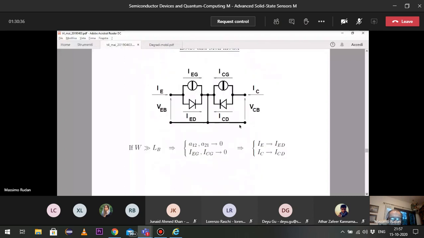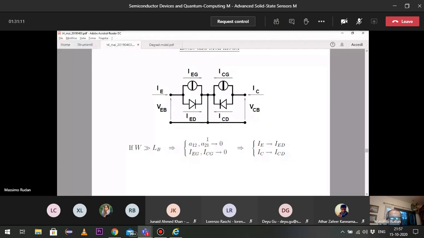Besides, at some point you may say, but we also have a base current. The base current is just the algebraic difference of the two. You remember, due to the Kirchhoff law, the sum of IE plus IC plus IB, if IB is taken as entering the base, must be 0. So IB is the algebraic sum of the other two currents. It is not an independent current.